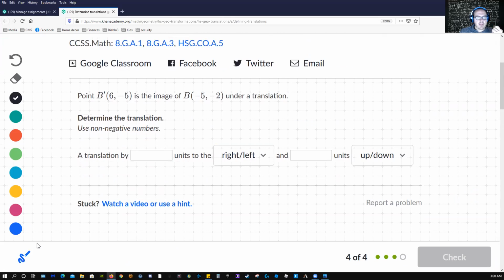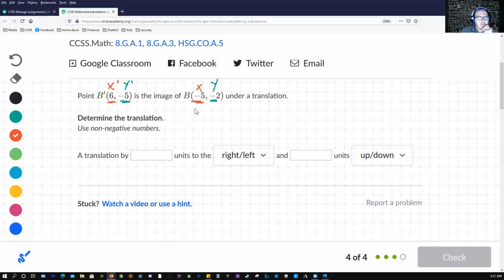Okay, here's another one where they give us the complete abstract word sense of it. These are probably the hardest ones, to be honest. First, it's kind of said backwards because they're giving us B prime. So this is our x prime. And this is B, so this is our original x. This -5 is our y prime. And this -2 is our original y.